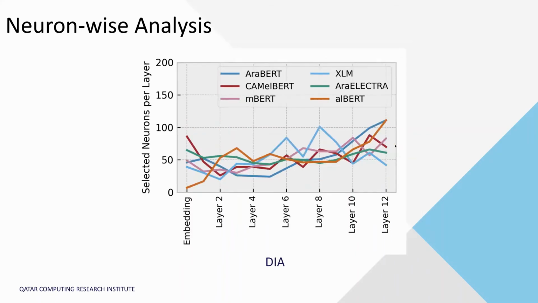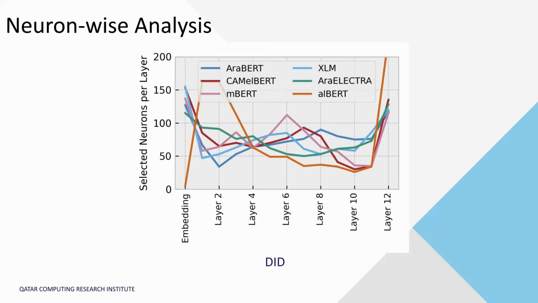It's a little bit different for direct part of speech tagging. Here, the deeper you go in the model, the more neurons are involved in the task. We can see the same thing in the direct identification, where the embedding layer and the last layer use the most neurons.